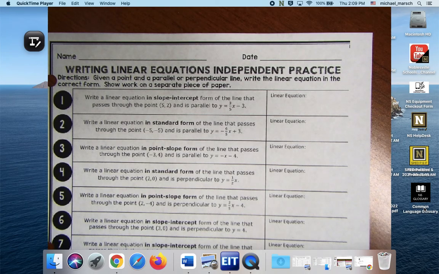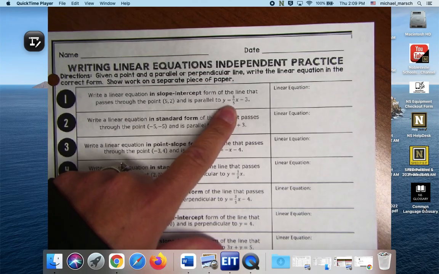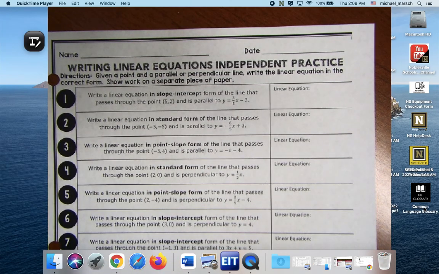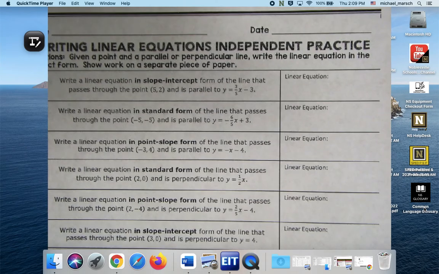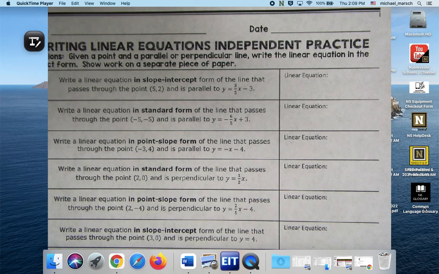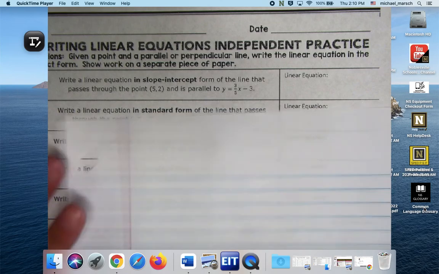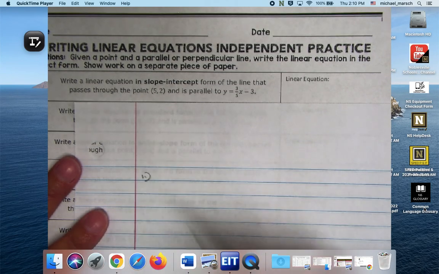I'd like to get at least 3 of these done. So for question 1, it says, write a linear equation in slope-intercept form of the line that passes through this point and is parallel to this. Okay. So what do we need for slope-intercept? A slope and a y-intercept. On your lined paper, put number 1.